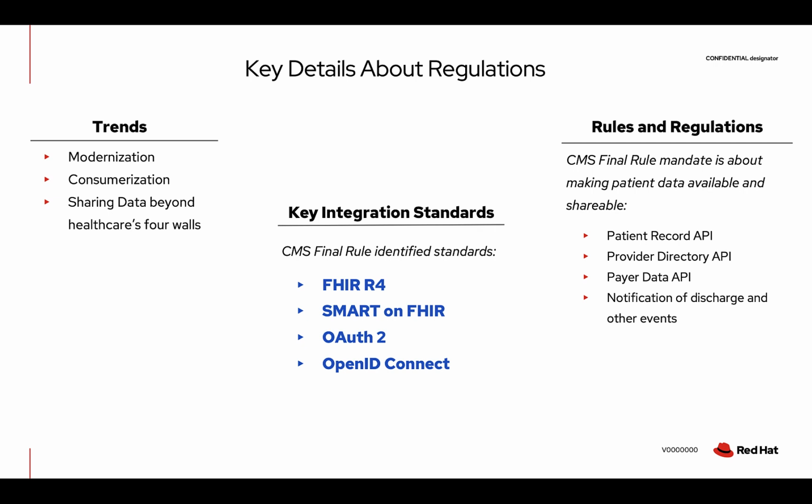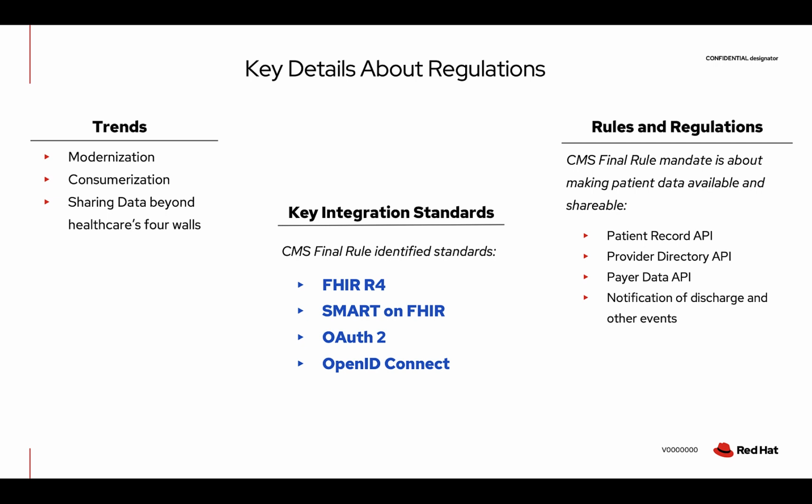When you think about the key integration standards that are going to help the trends, the final rule mandated some very specific things. First, it focused on FHIR as a newer integration standard, that is Fast Health Interoperability Resources, specifically the R4 version. Then it focused on Smart on FHIR.